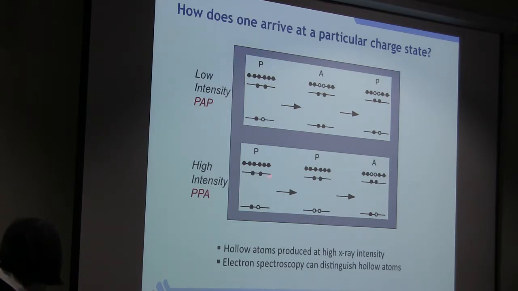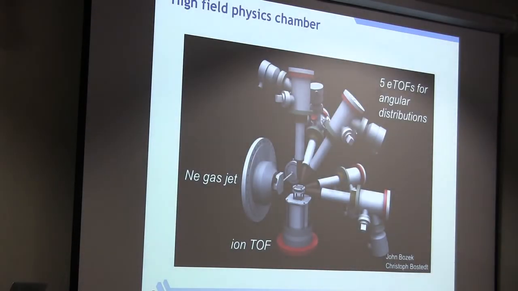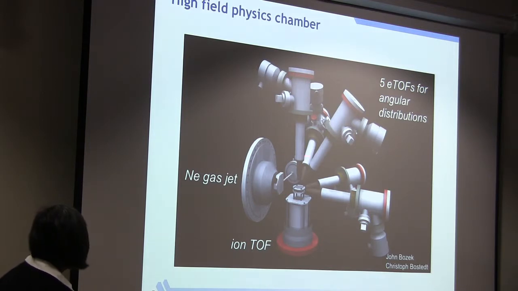And so then you can imagine the same other scenario. But it turns out that if you look at the Auger electron that goes into a double core state relative to one that goes into a single core state, they have very different energetics, so you can easily distinguish them. The actual apparatus that was used for this is shown here.